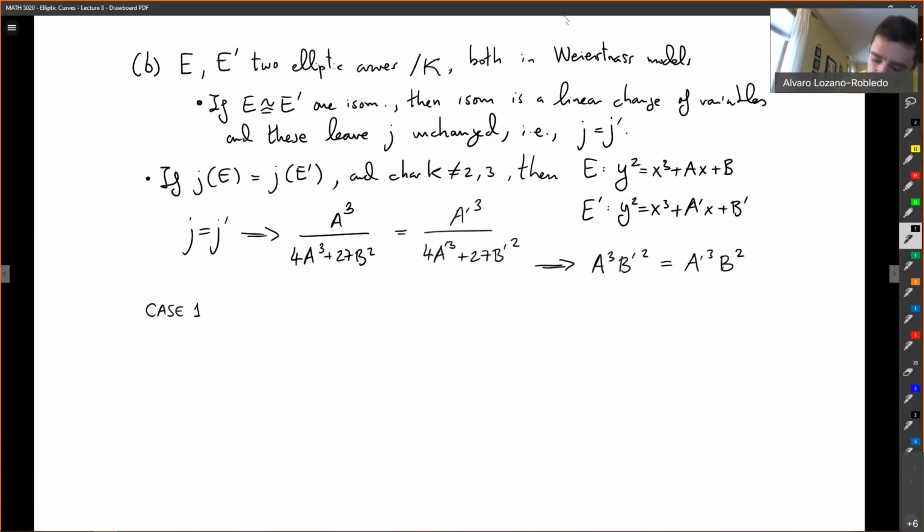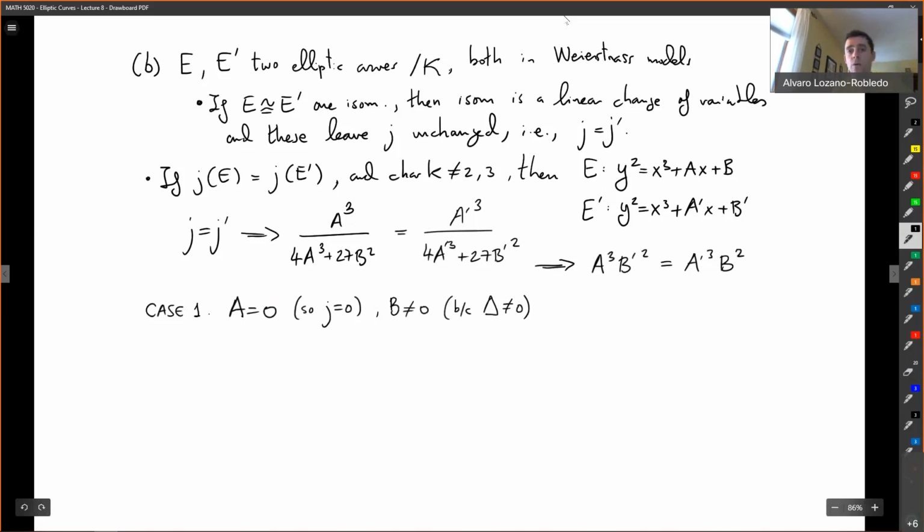So case 1: if a is 0, then j is 0. Then b cannot be 0 because E is non-singular. E is an elliptic curve because the discriminant is non-zero. Otherwise, if a is 0 and b is 0, we're dead, and it's singular.